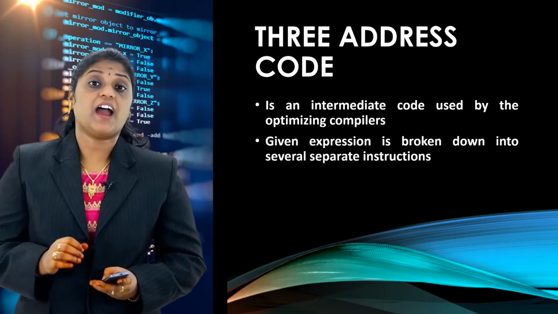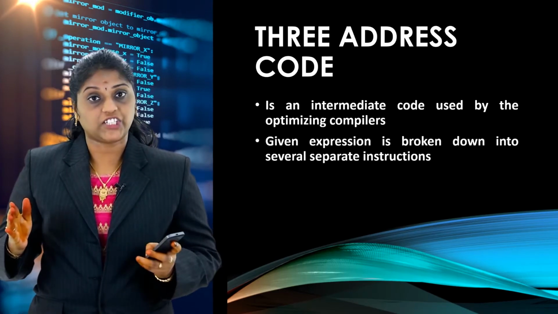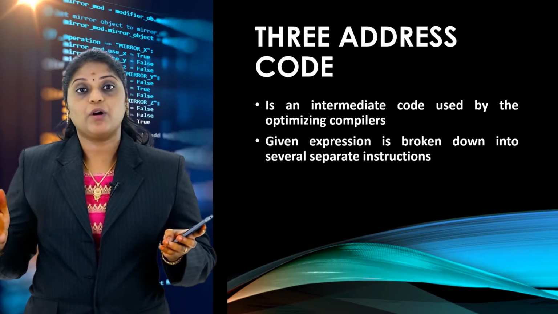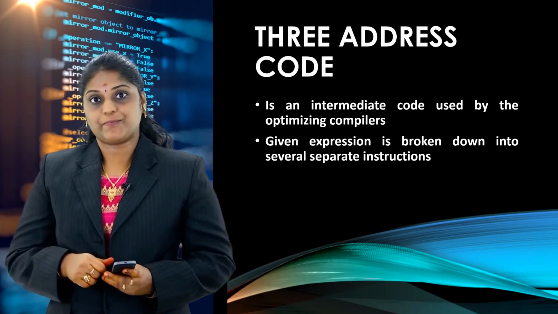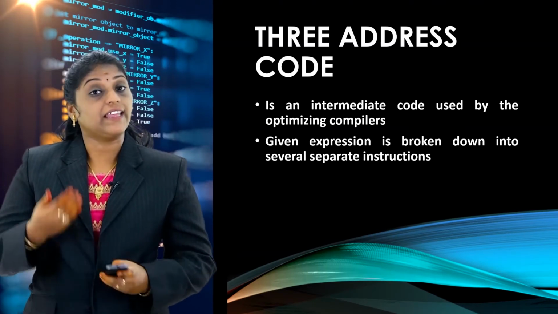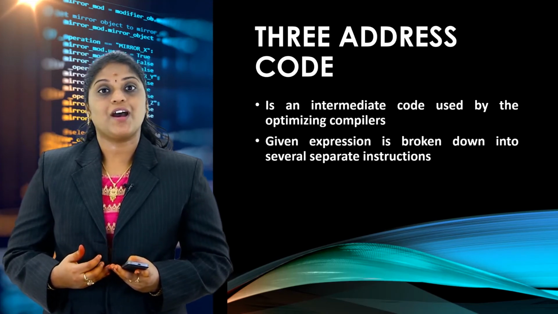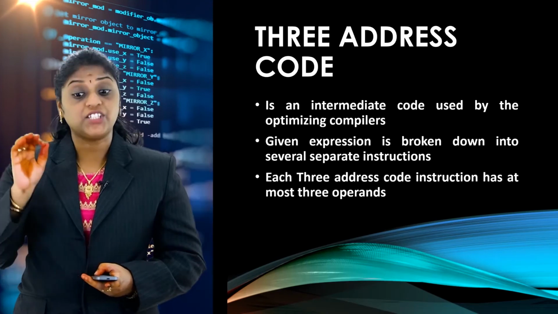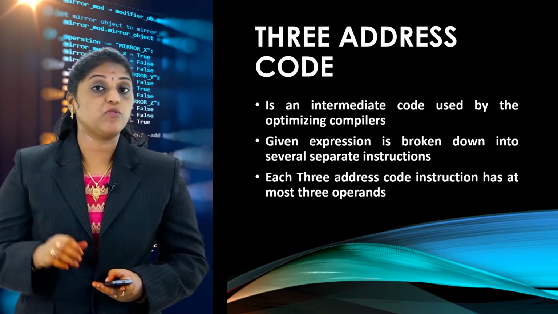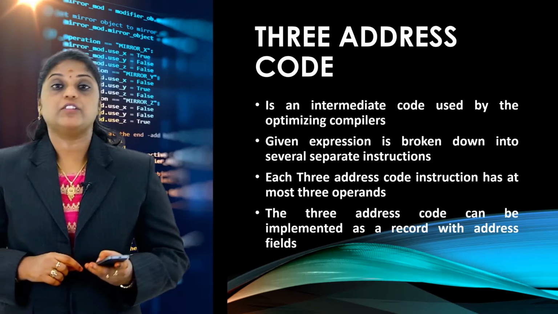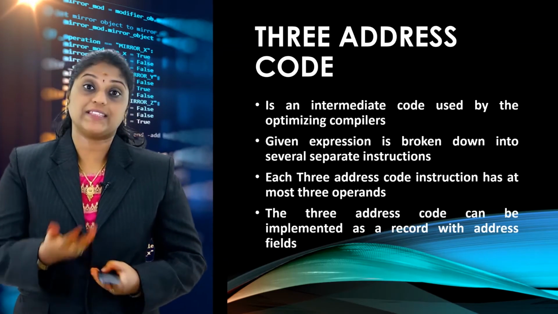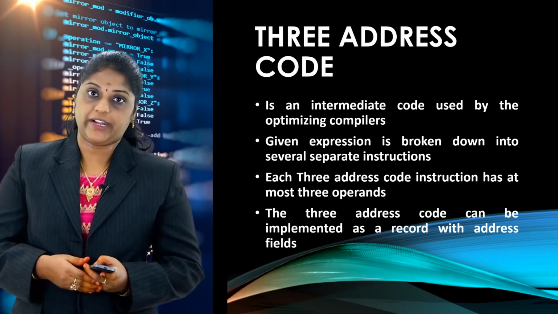In 3 address code, the given instructions are separated into simple instructions. These instructions can then be easily translated to machine language. Each 3 address code has at most 3 operands. The operands are a combination of an assignment operator and a binary operator.